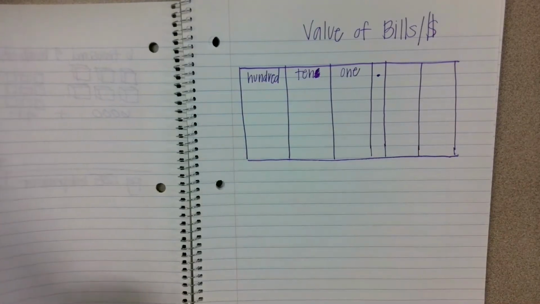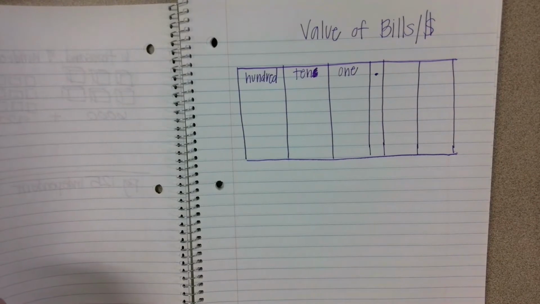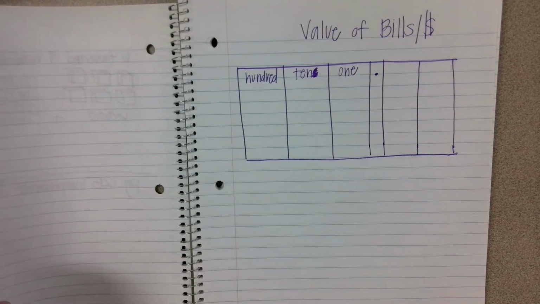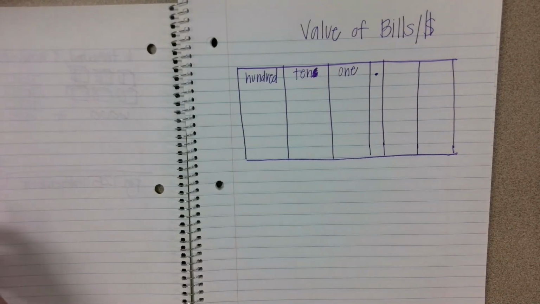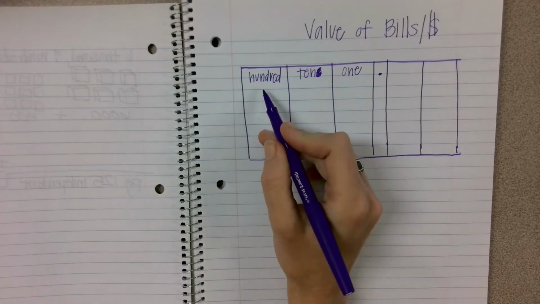Y'all can tell me in class if I'm wrong, but we're just going to keep it moving. Sorry, I was trying to confirm. Okay, so that's ones, tens, hundreds.